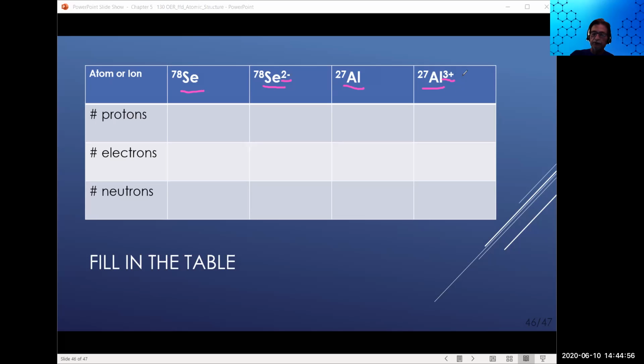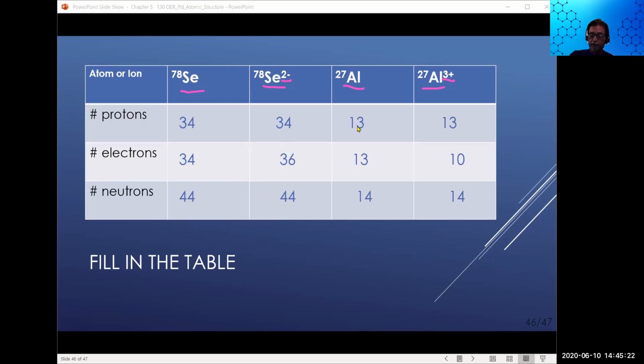It lost electrons. Okay, and so selenium would have 34 protons for the element or the ion. The number of electrons would be different, okay, because the ion picked up 2 electrons, so now we have 36. The neutrons for both are the same, okay, same amount.